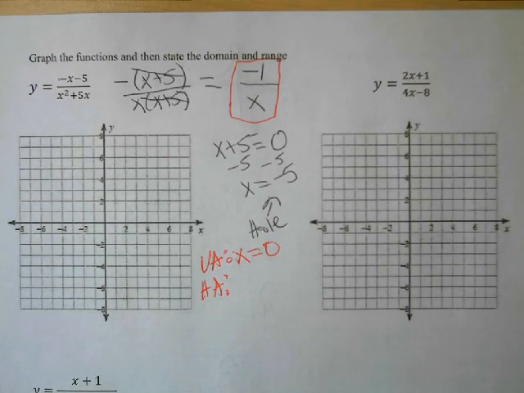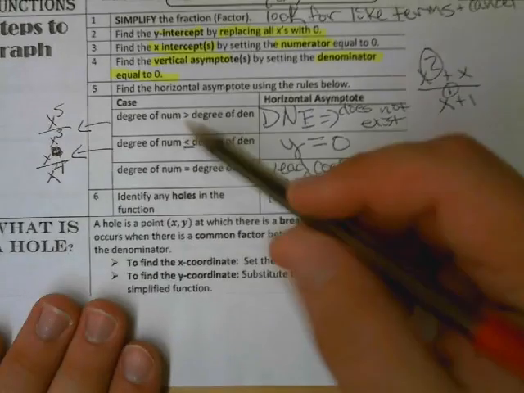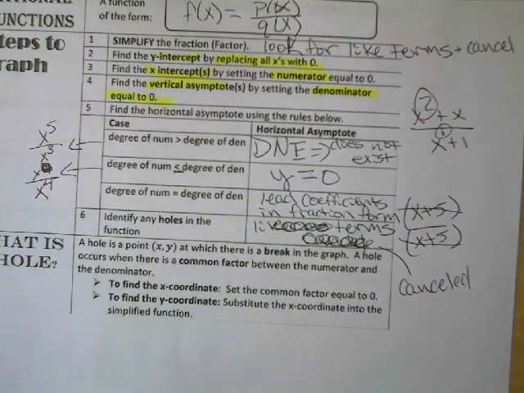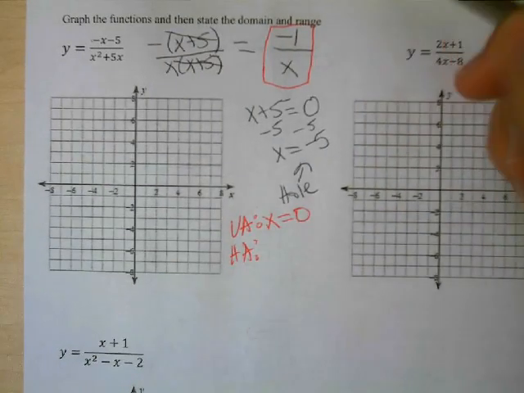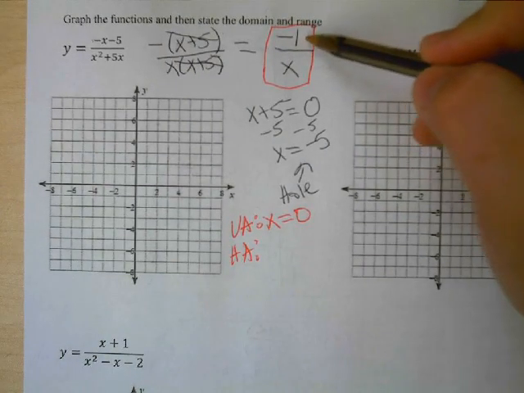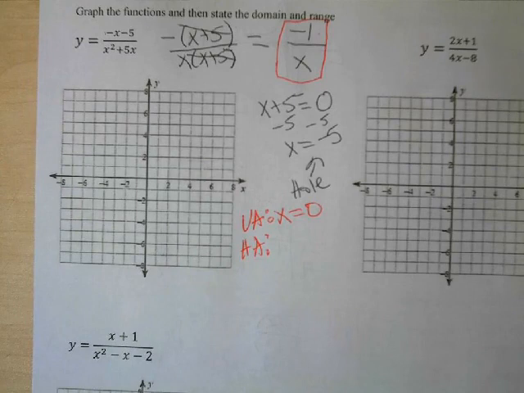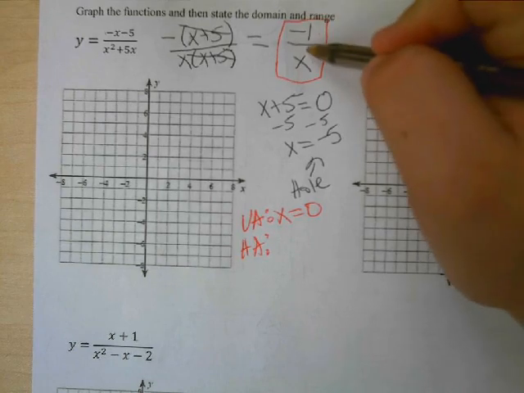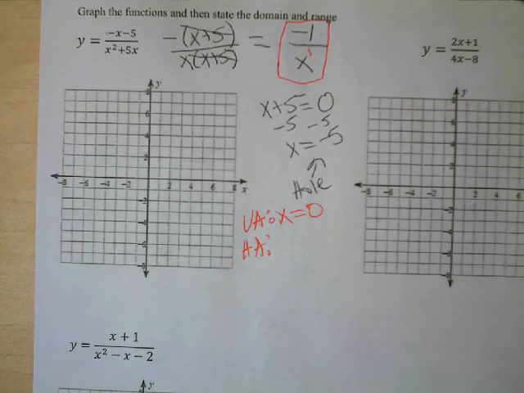Now for my horizontal asymptote, I have to remember these rules. Over here are different cases. I want to look at the degree of my numerator and my denominator. How many x's are in my numerator? 0, so it has a degree of 0. How many x's are in my denominator? 1, so it has a degree of 1.